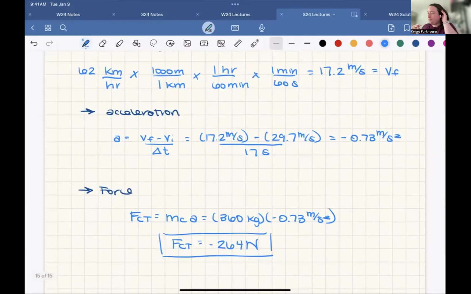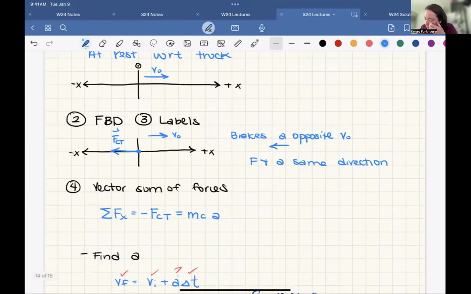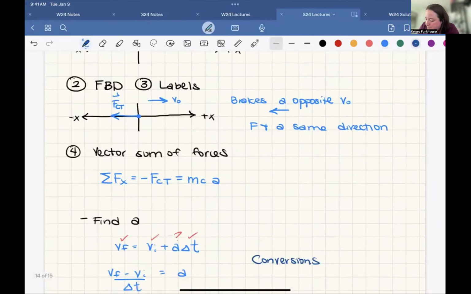So there is one thing that I said that I want to point out and correct your thinking on, because I just realized that it's important. So if we go back here to this sum of forces equation, I said that we need to plug in the negative sign here for the force, but we also need to do that for the acceleration.